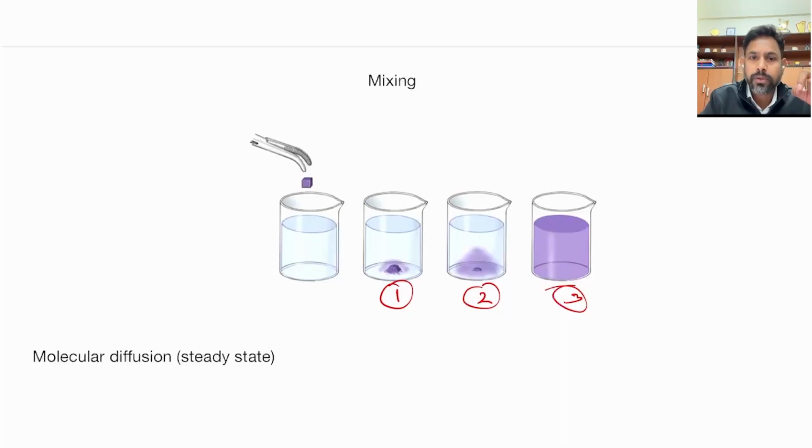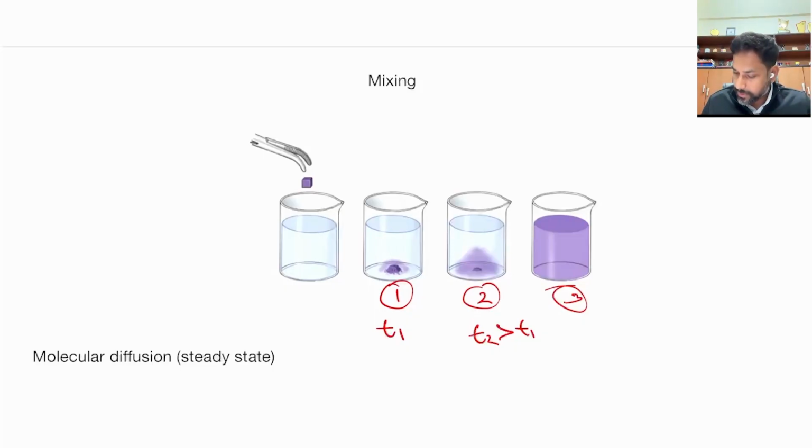You just put the sugar cube. After some time, you will see some part of the sugar cube has dissolved and the water has mixed a little bit. At time t2, so this is time t1, this is t2, which is greater than t1, a larger part of the sugar cube will have dissolved and more water will have mixed with the sugar cube.